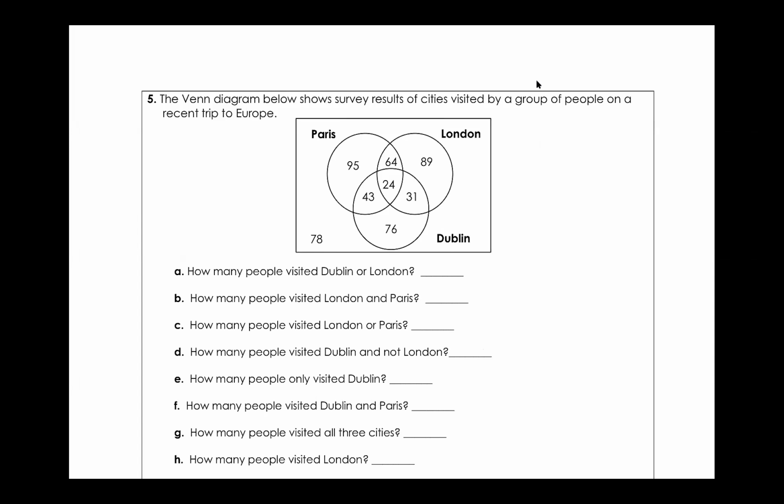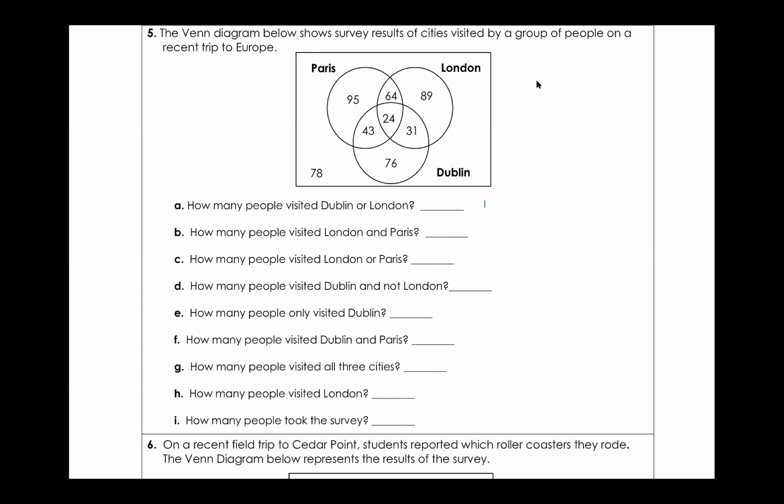Go to the next page. Again, we got a little three-piece, right, and a few questions that go along with it. Okay, the Venn diagram shows survey results of cities visited by groups of people on a trip to Europe. How many visited Dublin or London? So we want Dublin or London.